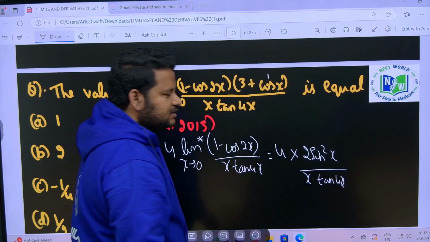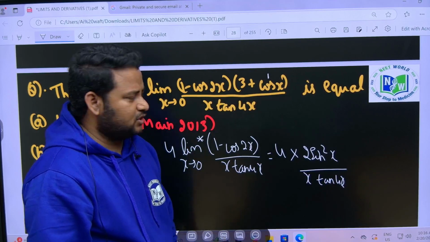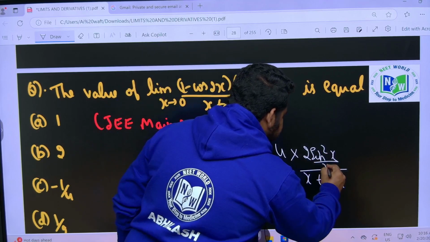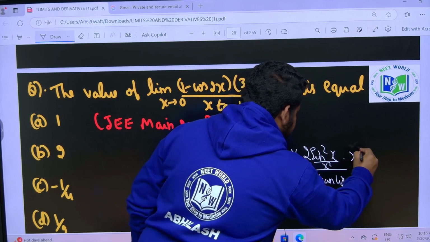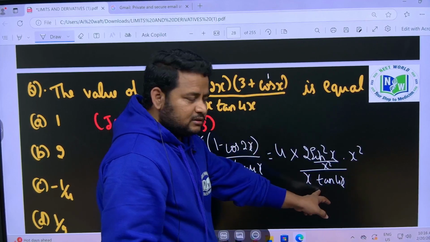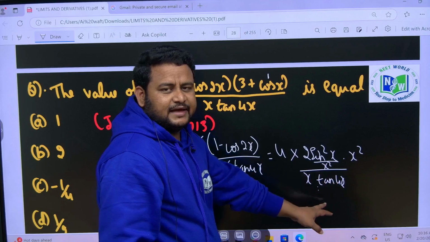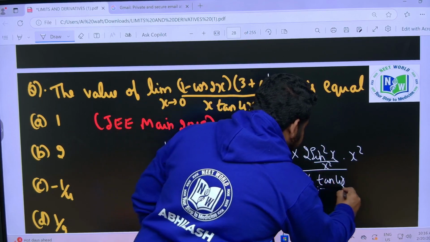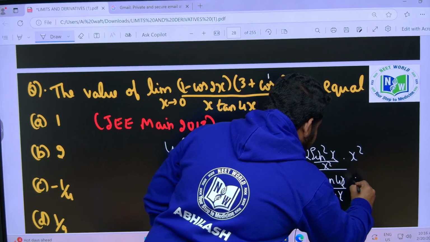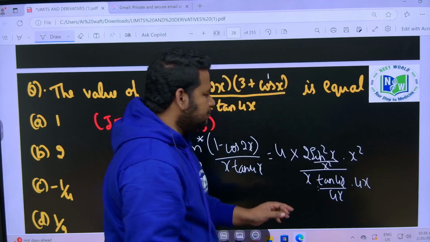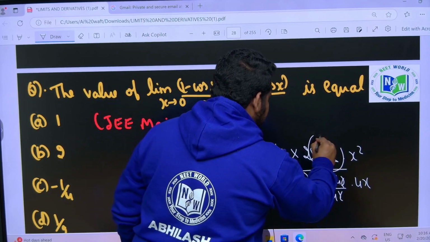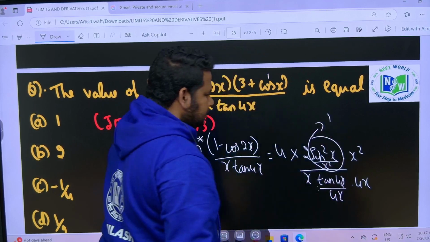We know limit sin x by x is equal to 1, but here we have sin square x, so I'll multiply by x square. Limit tan x by x is equal to 1, but here we have tan 4x, so I'll divide by 4x and multiply by 4x. This value will be equal to 1.